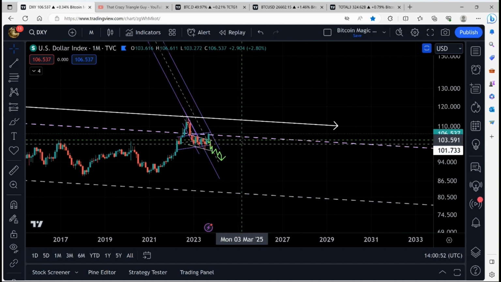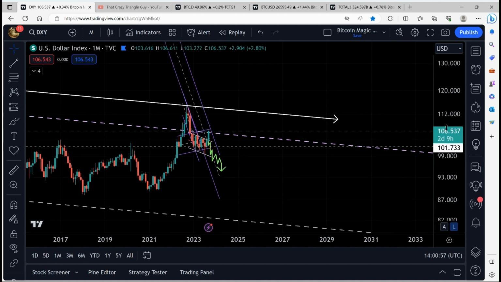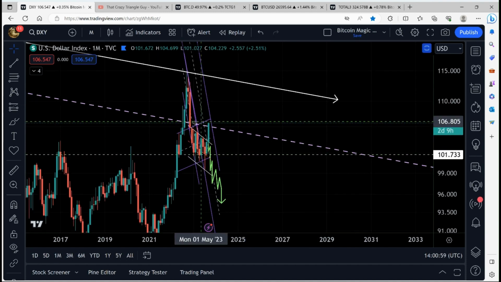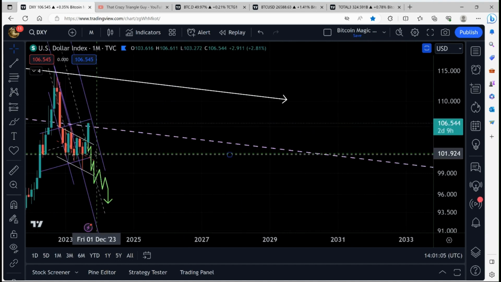I thought we would get rejected at the top of this channel, possibly poke through it a little bit, and we are poking through it a little bit, but I do see us getting rejected here and heading back down into the end of the year to this white dotted line at 101.7.